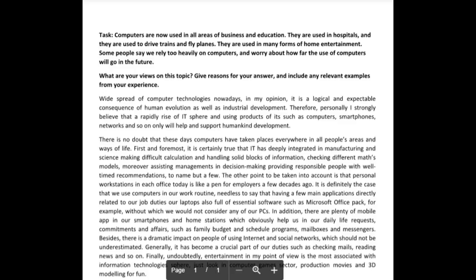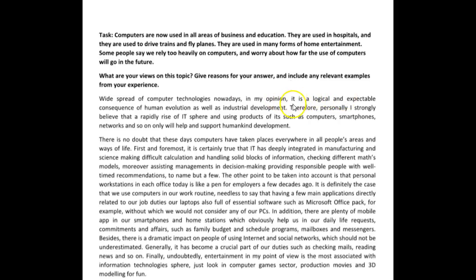Widespread use of computer technologies nowadays, in my opinion, it is a logical and expectable consequence of human evolution as well as industrial development. All right, a couple of minor changes here. First of all, widespread is one word, and you're missing the word use. So the collocation here that we're used to seeing is widespread use of computer technologies nowadays, in my opinion, is illogical.